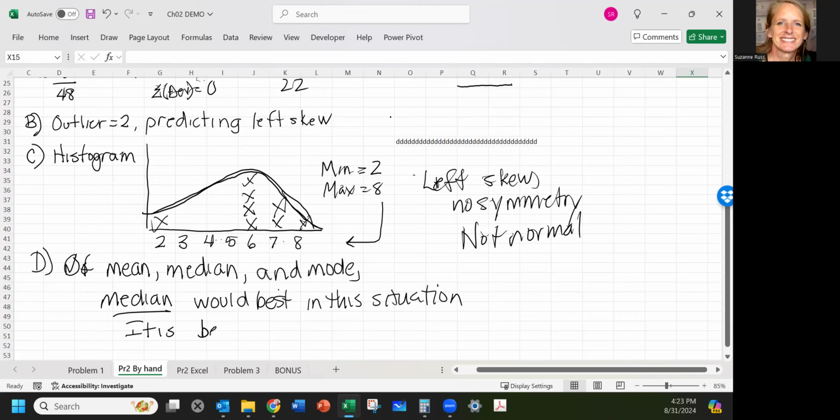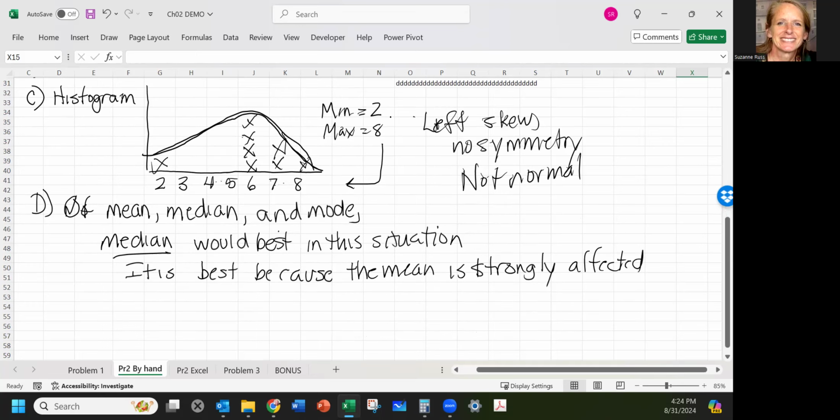It is best because the mean is strongly affected by outliers.